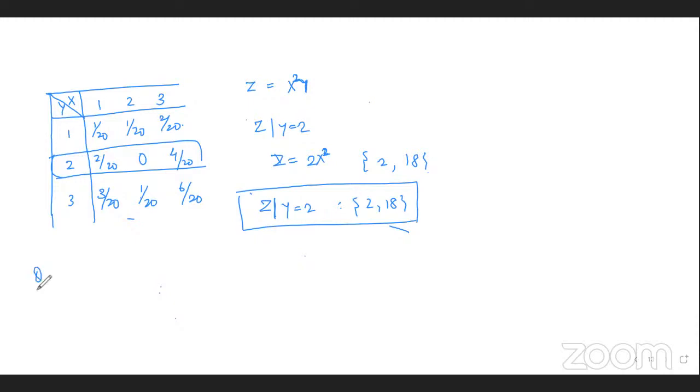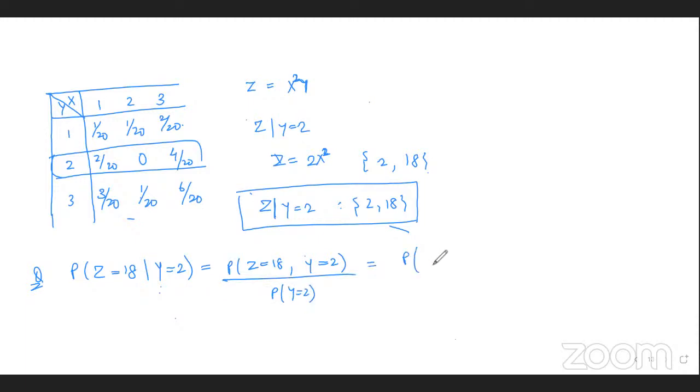Now the next question is the probability Z equals 18 given Y equals 2. This is the probability Z equals 18 comma Y equals 2, whole divided by P of Y equals 2. So X square of Y equals 18 with Y equals 2, so we can conclude that X will be 3.